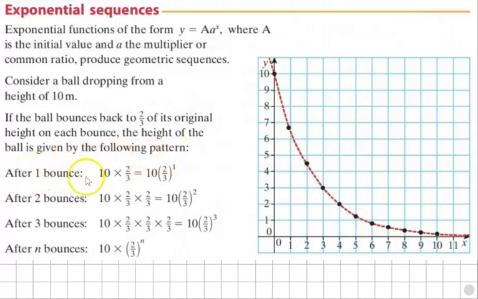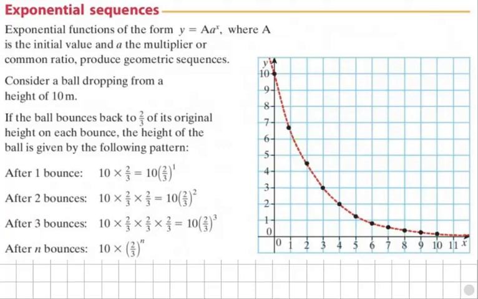So after one bounce, 10 multiplied by 2/3, or 2/3 of 10, is equal to 10 times 2/3 to the power of 1. So after one bounce, the ball comes up to about here. It bounces back to 2/3 of its original height.